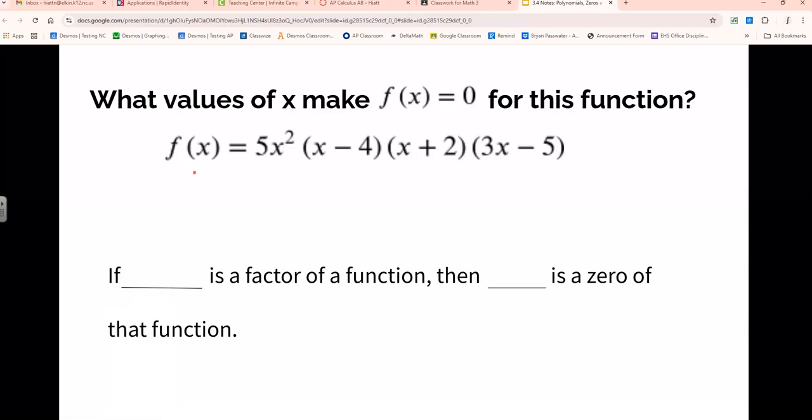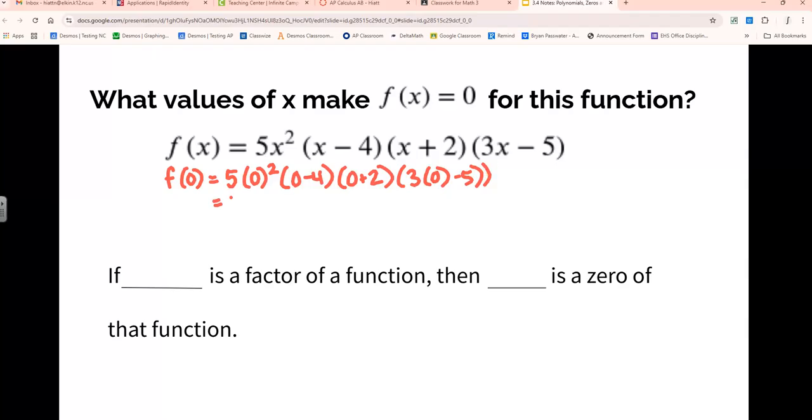If I do f of 0, I would get 5 times 0 squared times 0 minus 4 times 0 plus 2 times 3 times 0 minus 5. By hand, I'd have 5 times 0 times, right here I'd get negative 4, here I'd get 2, here I'd get negative 5.